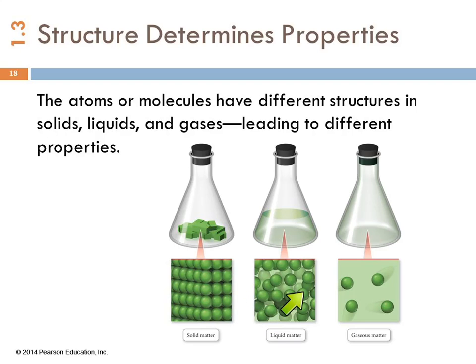If we could watch this as a movie instead of just a picture, we'd see that they're kind of milling about. And then we have the gas state where the particles are much farther apart. This is not to scale. They would actually be much farther apart. But the different properties that we observe for these three states depend on what the particles are doing.